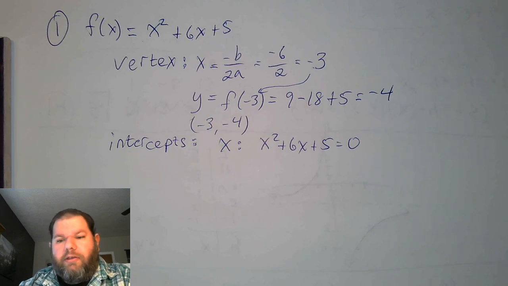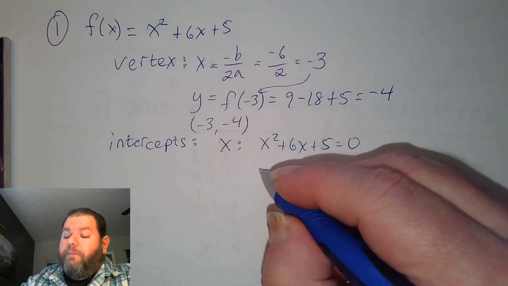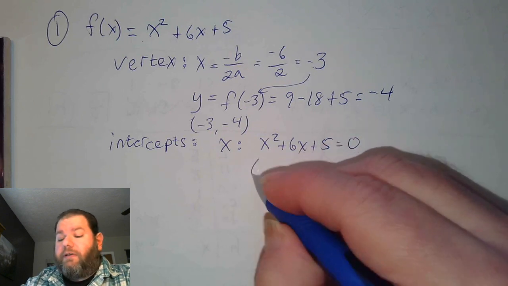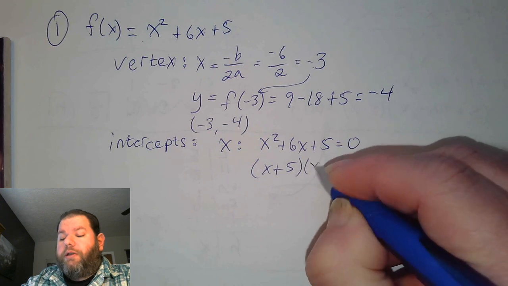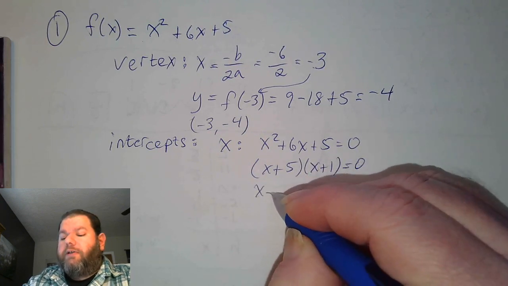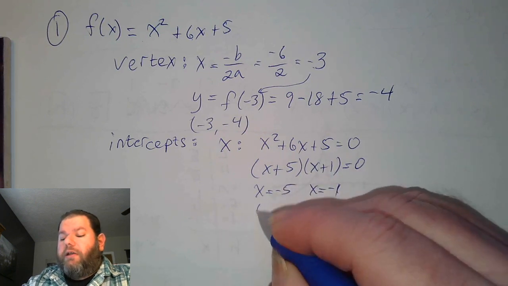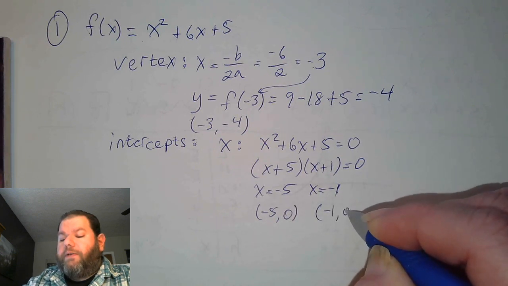We're not trying to make you use the quadratic formula at this point. But we need two numbers to multiply to 5 and add up to 6. So that is 5 and 1. And so we get x equals negative 5 and x equals negative 1. So our intercepts are negative 5, 0 and negative 1, 0.